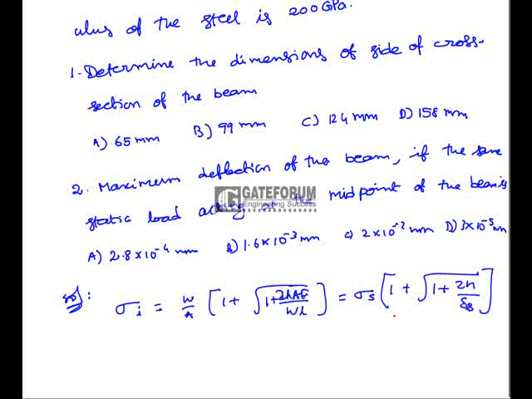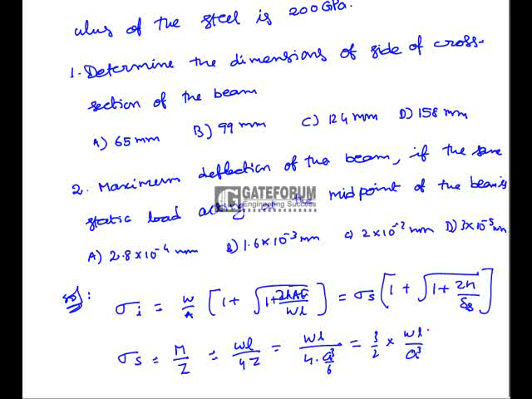Here the static stress induced in the beam is equal to the maximum bending moment by section modulus. The maximum bending moment for a simply supported beam subjected to a load at the midpoint is WL by 4, divided by Z. Let us say A is the side of the cross section of the beam, so Z is A cube by 6, which gives 3 by 2 into WL by A cube.